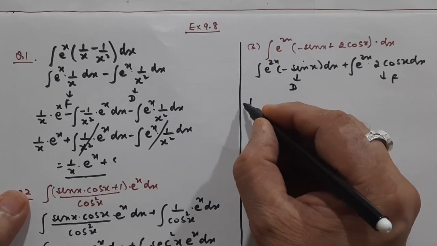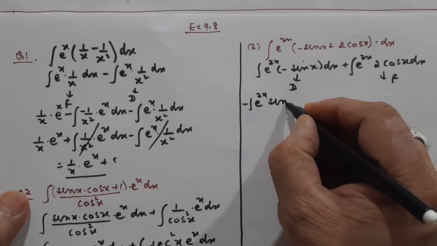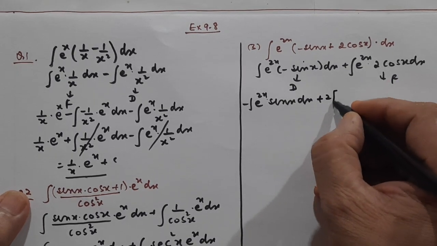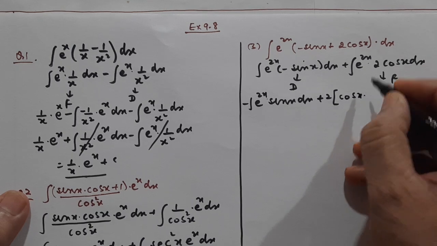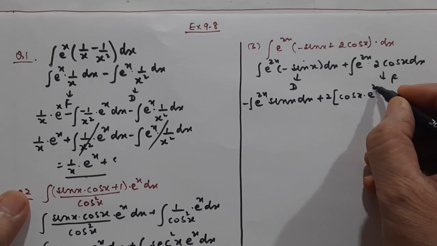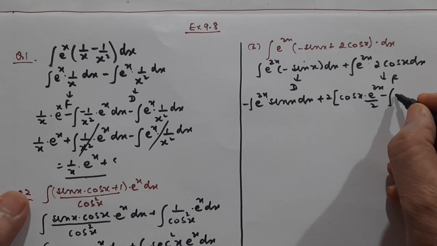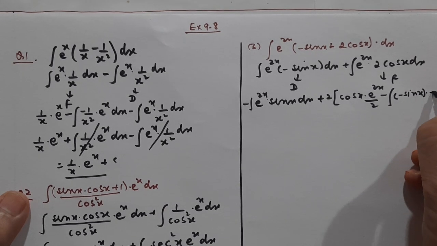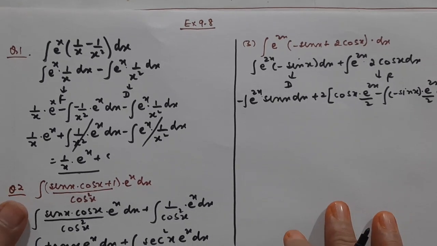So we keep this function as it is. Now we integrate this factor. So integrating cos x, integral of e power 2x is e power 2x upon 2, minus derivative of first, this is minus sin x, into e power 2x upon 2 dx, like this, right?